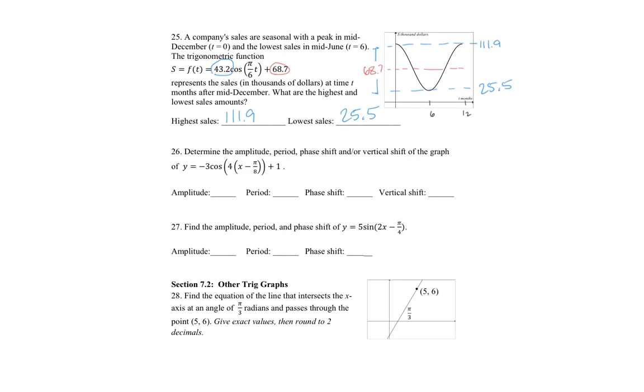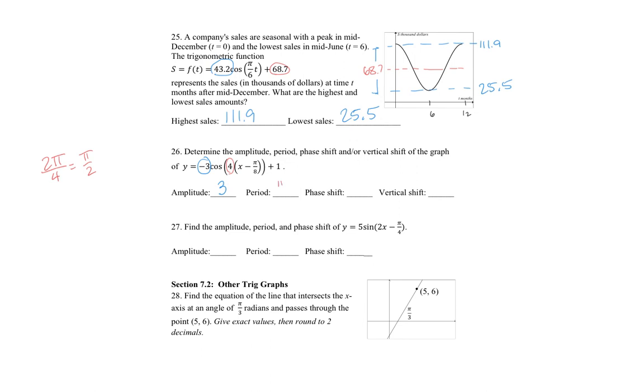Okay, for the next one, it says determine the amplitude, period, phase shift, and vertical shift of the graph. So the amplitude is going to be 3. Usually we take the absolute value of that number there. The period is going to be 2 pi over b, because 2 pi is the normal period of cosine, divided by b, which is 4, so it's going to be pi over 2.